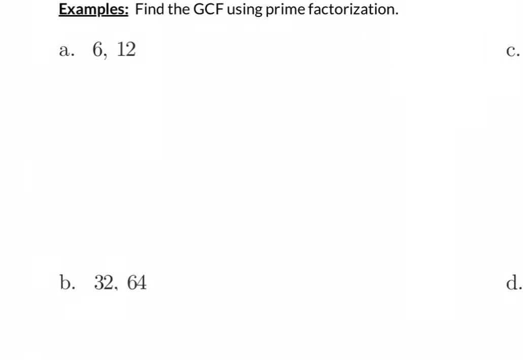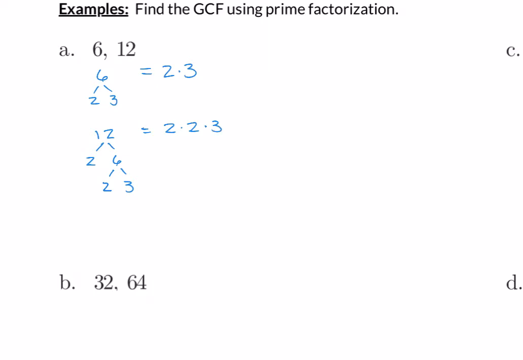If we look at 6 and 12, 6, if we factor it, we get 2 times 3. 12, if we factor 12, we get 2 times 6, and 6 factors to 2 times 3. So we get 2 times 2 times 3.